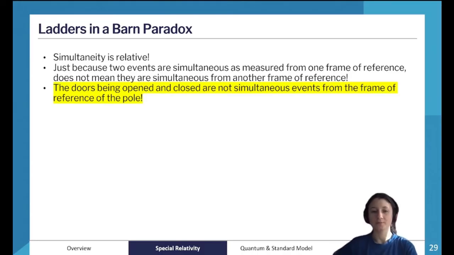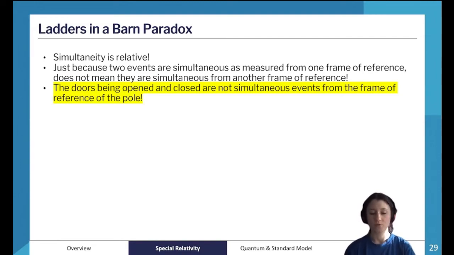So again, the solution is that simultaneity is relative. Alright? Just because two events are simultaneous as measured from one reference frame, it doesn't mean that they're simultaneous from another. So the doors being opened and closed are not simultaneous events in the frame of reference of the pole or the ladder.